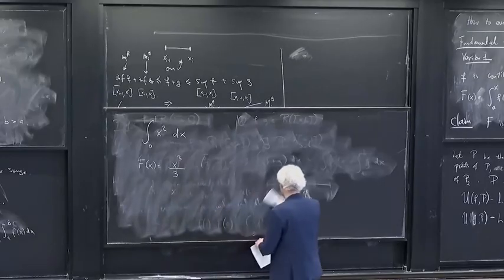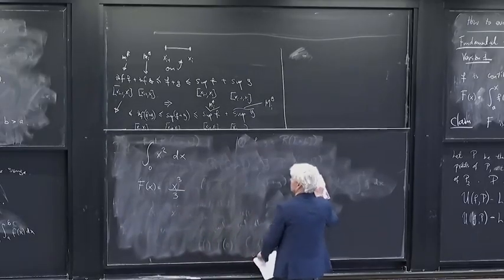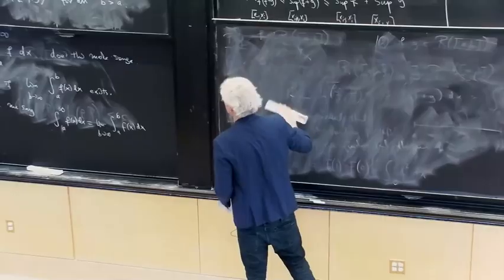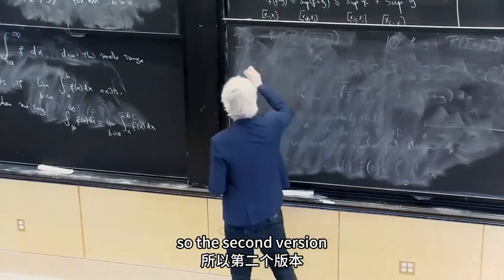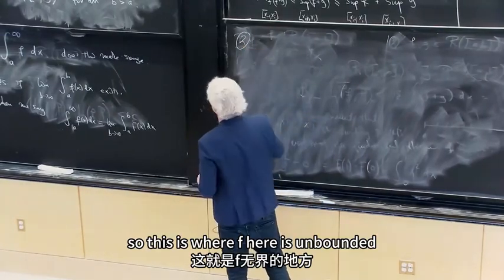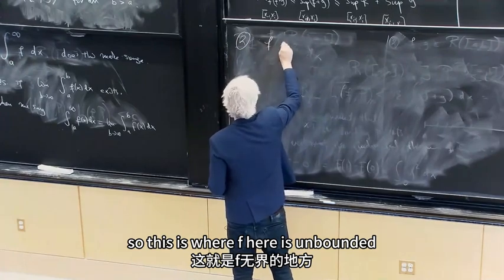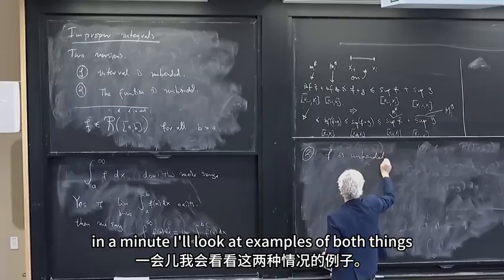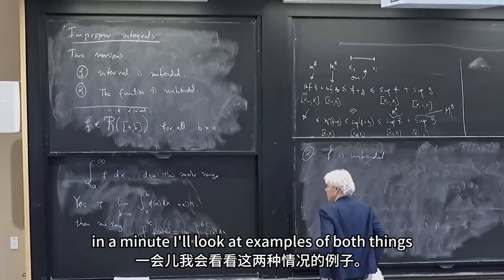The other version of the improper integral is the following. In the second version, f here is unbounded. In a minute, I'll look at examples of both things.